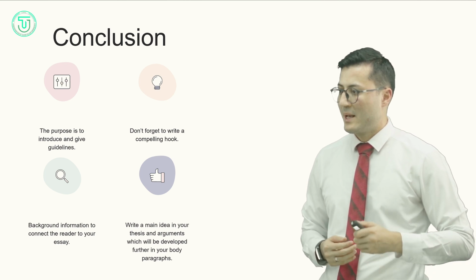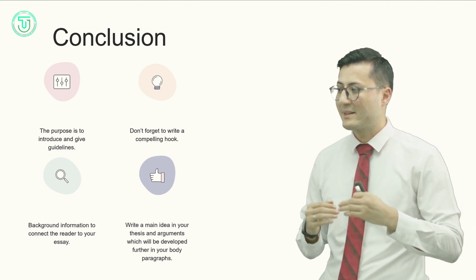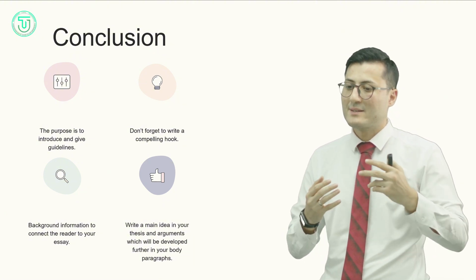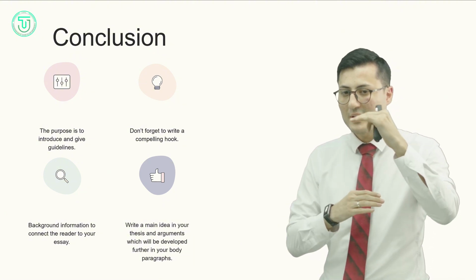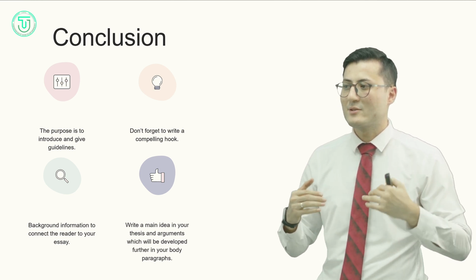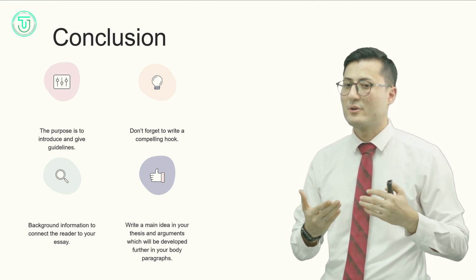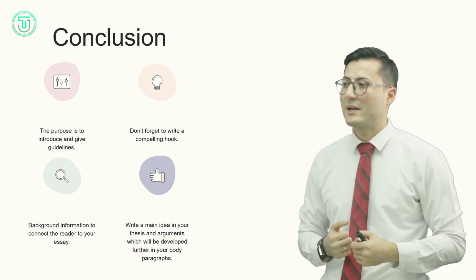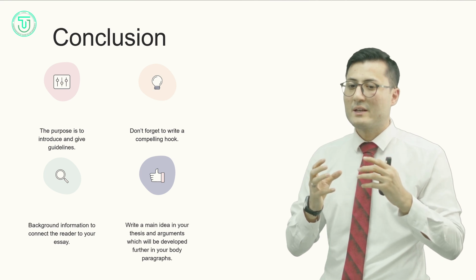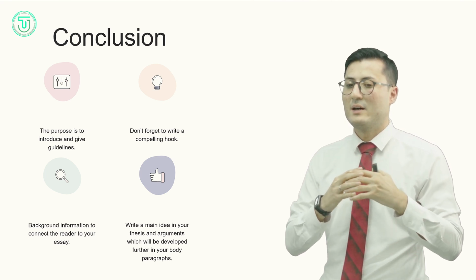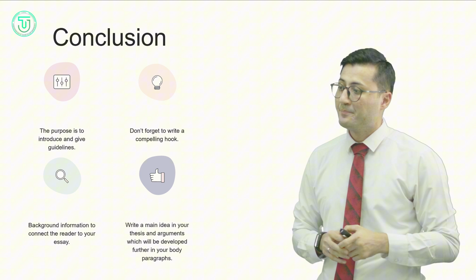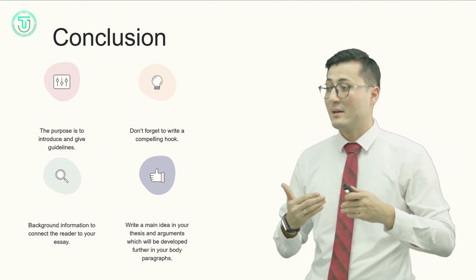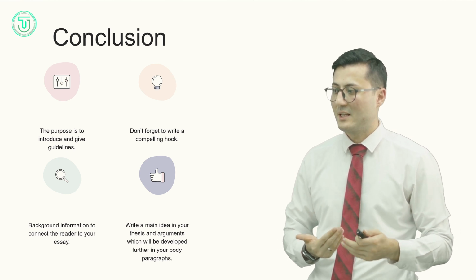Next one is background information to connect the reader to your information. So background, as I told you, is going to be in the middle, between the hook and your thesis statement. It is knowledge your readers probably already have, but the purpose of background information is to connect your audience with your essay. And the last sentence is, of course, the thesis statement.